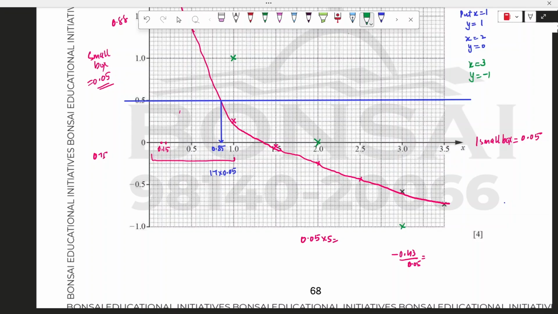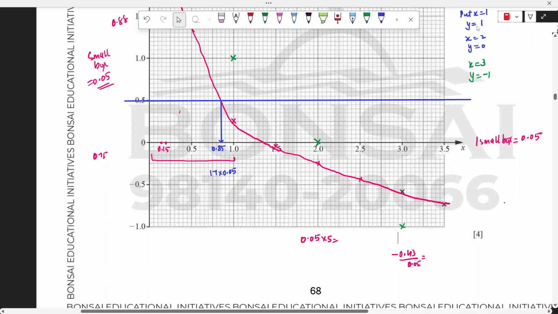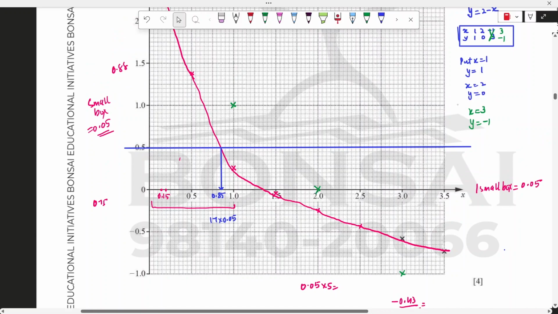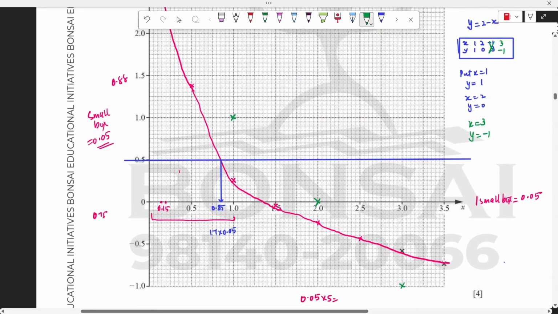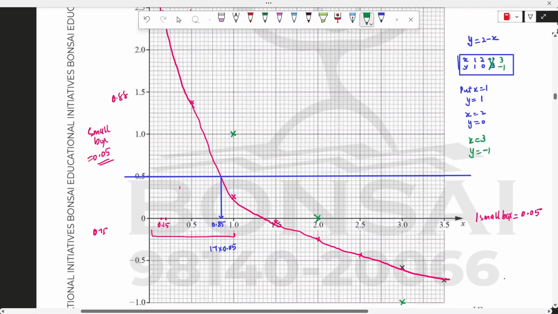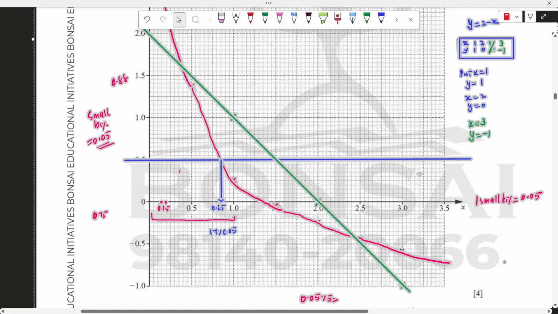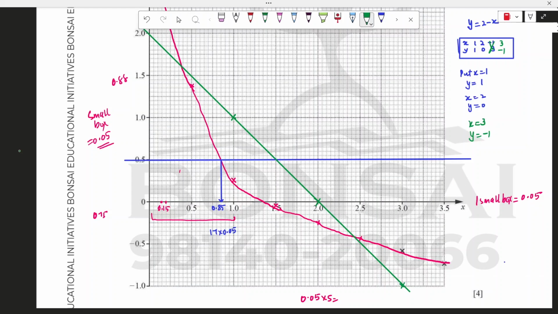Okay, we plotted all 3 points. Now we have to complete the graph. Okay, so here is the graph of y equals 2 minus x.